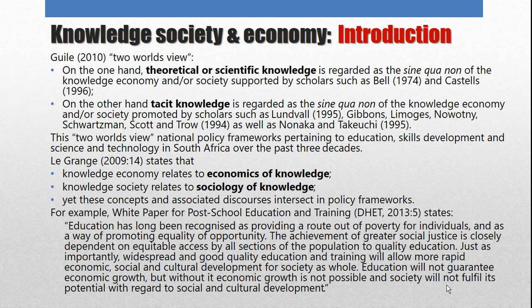Now if you look at your knowledge trees, you actually already have both of these knowledge types in your trees. You're making reference to tacit knowledge, you're making reference to scientific knowledge. And it's therefore a matter of what is the balance of these that need to be prominent. Because the conclusion that they've come to is it actually has to be both, and not just the one or the other. It has to be both.